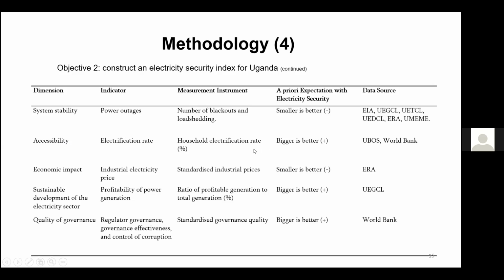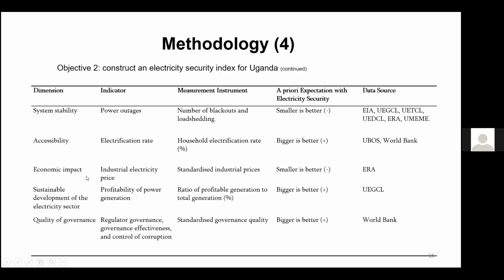In Uganda, though, we report electrification rate at the household definition by the Uganda Bureau of Statistics. So anyway, the higher the percentage here, the better, as it is a signal of investments in the electricity sector, but for us, more people accessing electricity means we would say this country or region is more secure.